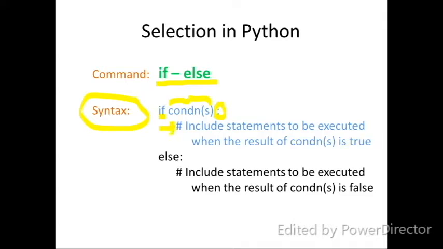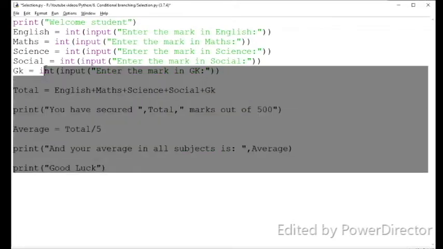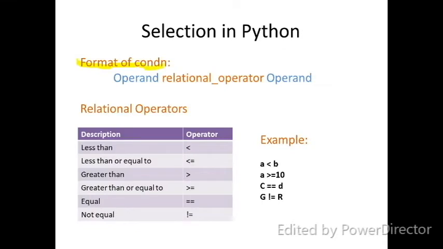In Python, indentation is very important. Unless you properly indent, giving space, the Python interpreter can't understand what is the true set of statements and what is the false set of statements. It is followed by else, which means the set of statements to be executed when the condition is false.